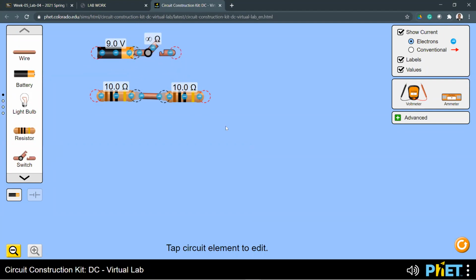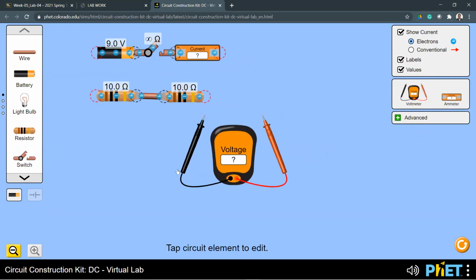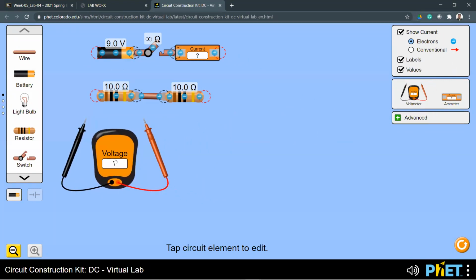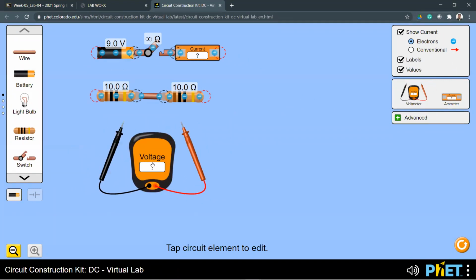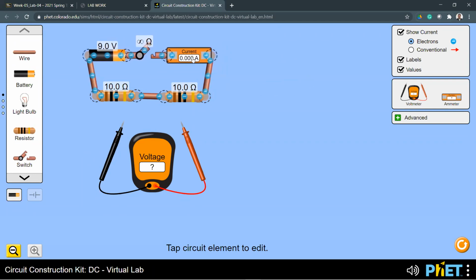Then we need the ammeter to measure the current passing through the resistors. Let's connect it here. And then we need the voltmeter to check the voltage across this circuit. Okay, that's the plan. Let's connect this circuit's other two endpoints by using wires, and another wire here. Now the circuit is connected.